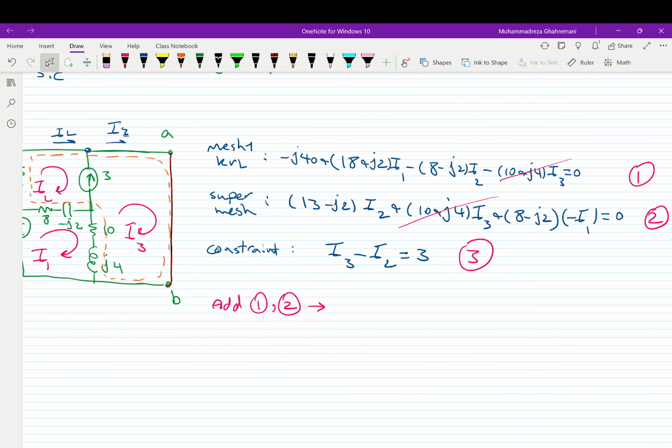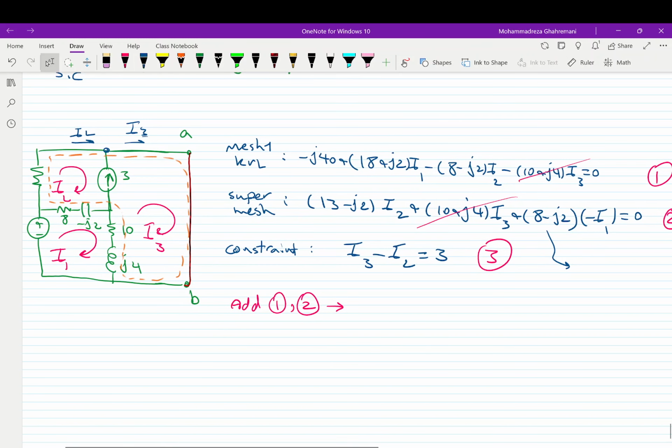So instead of 8 minus J2, I believe that I should have said J4 plus 10 plus 8 minus J2 times negative I1, which is equal to 18 plus J2. Yes, times negative I1. Here should be 18 plus J2, not 8 minus J2.